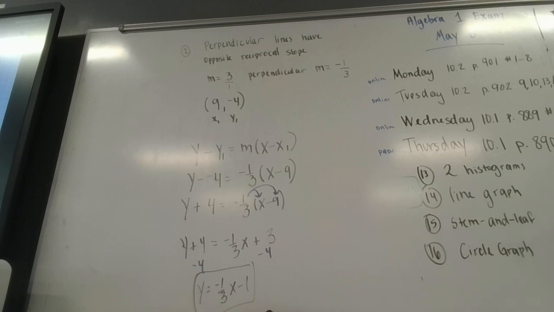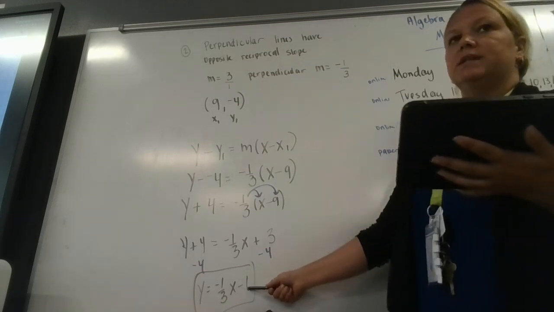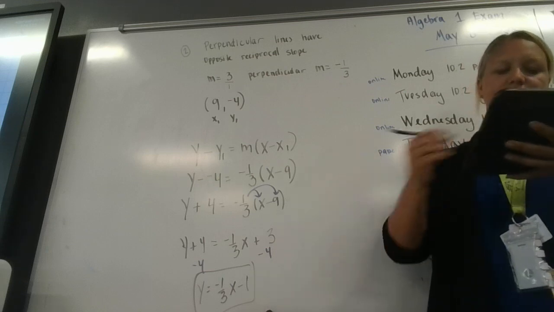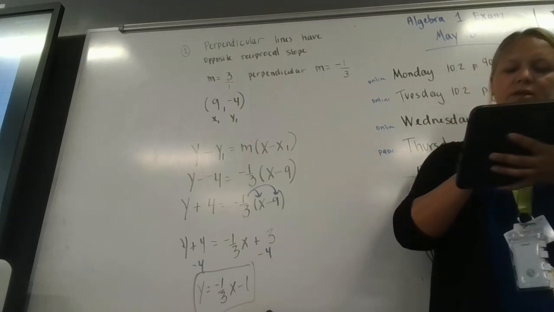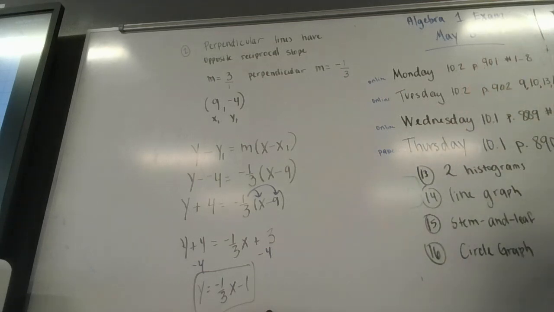Okay, I'll do this one in green. Okay, so this one is going to be -1, and I'm going to go down 1, right 3. Down 1, right 3.